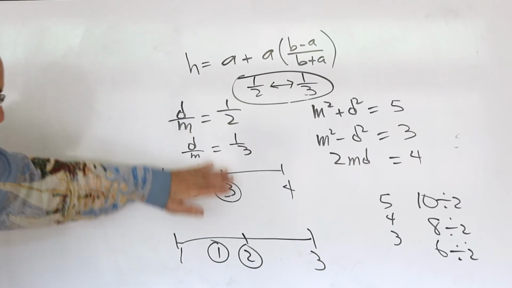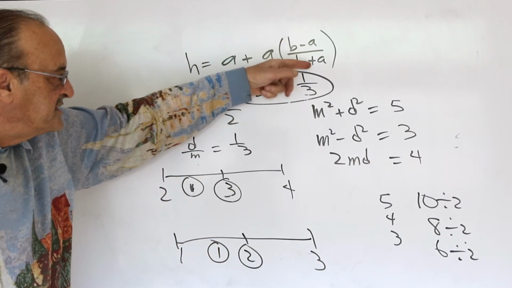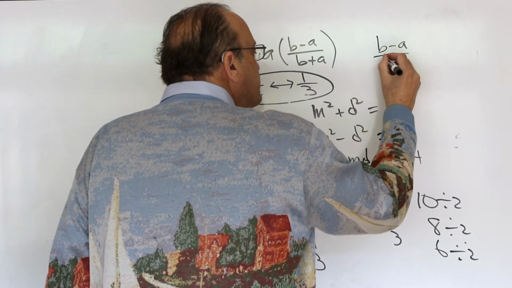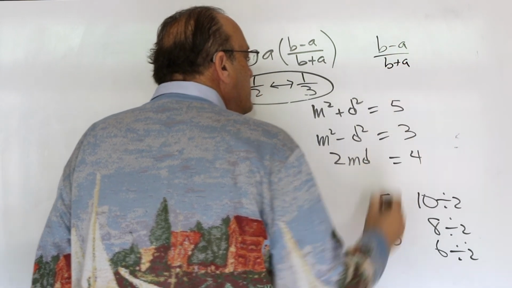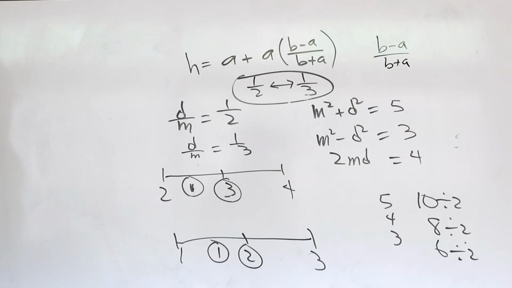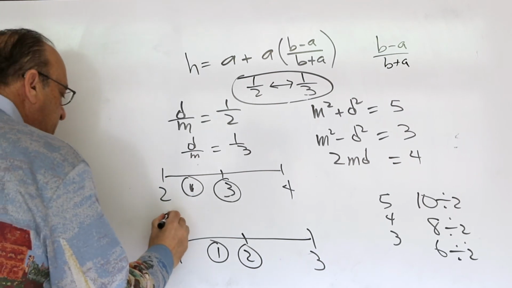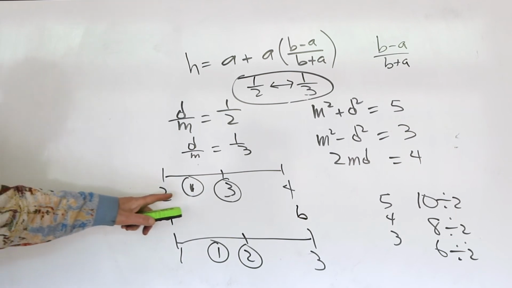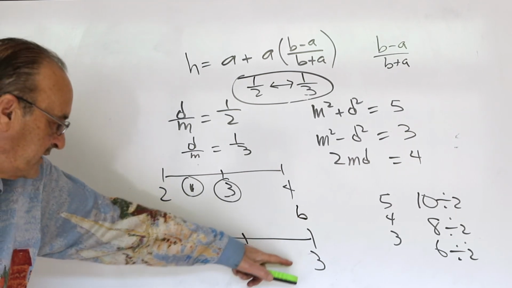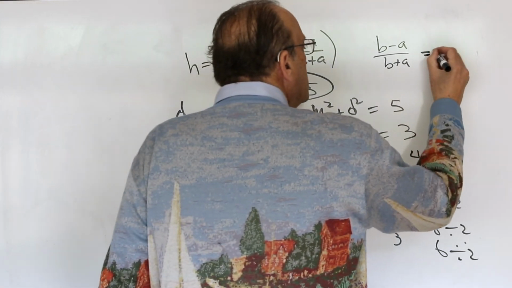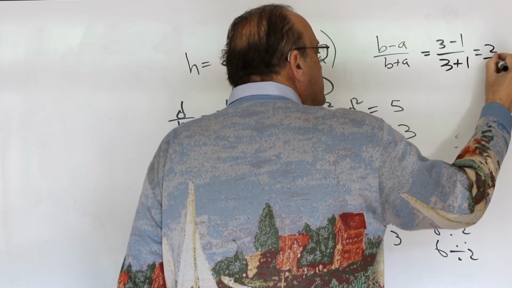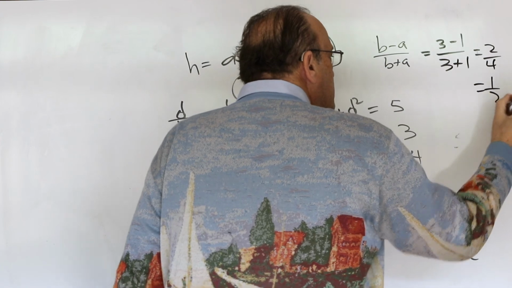Now, instead of doing it geometrically, you can use this fraction, b minus a over b plus a. Again, we can call this a and this b. We've done that before. So in this case, we have 3 minus 1 on top of 3 plus 1, which is 2/4, which is 1/2.